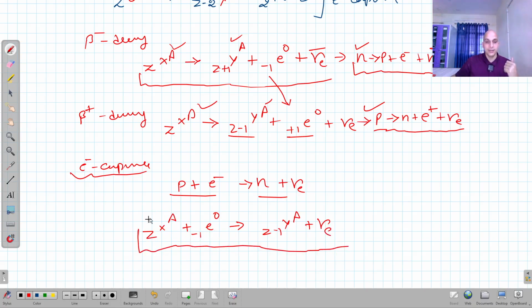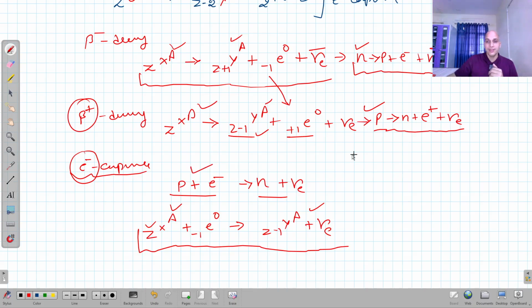Again, the charge is conserved, mass number is conserved on both the sides, right? And you can see this process and this process are quite similar: beta positive decay and electron capture. But the electron capture process dominates in very heavy nuclei. Why? Because in very heavy nuclei, the shells of the electron are very close to the nucleus, and it is possible that the nucleus can capture an innermost electron and convert its proton into neutron, right?